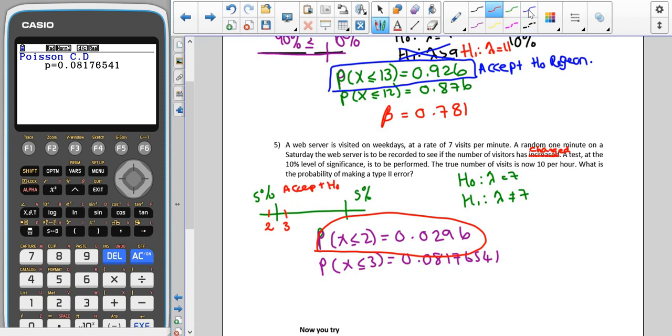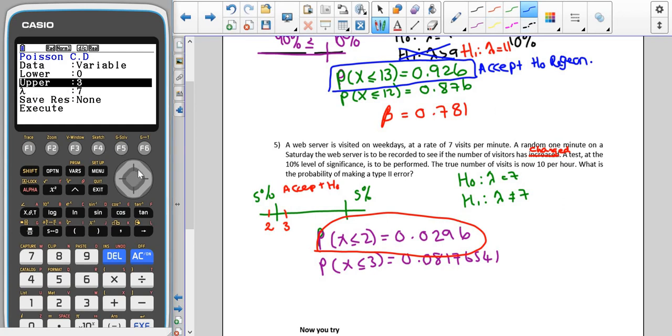So now we're going to look at the other end. So it's easier to do with the new calculator. If you've got the older calculator, you can either think of it as trying to find more than 95% this way, or you can do 1 minus to find the less than 5% that way. So let's try greater than or equal to 9.